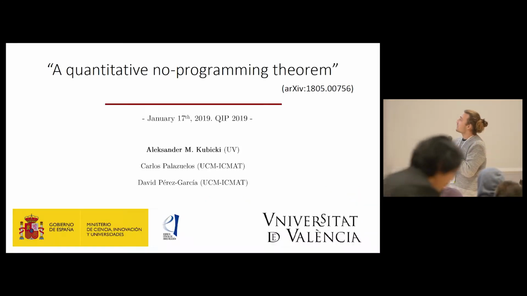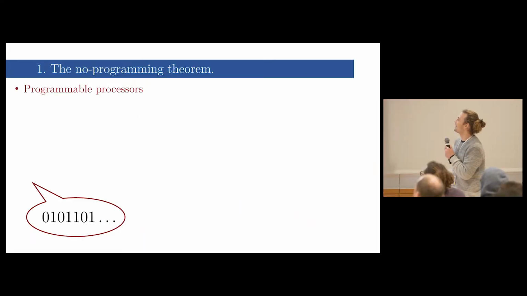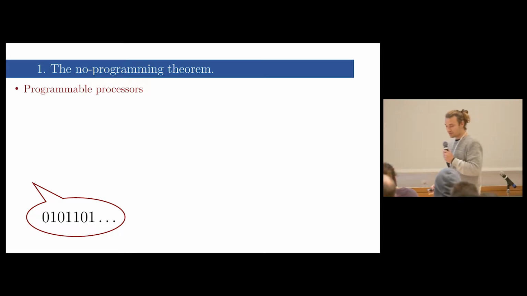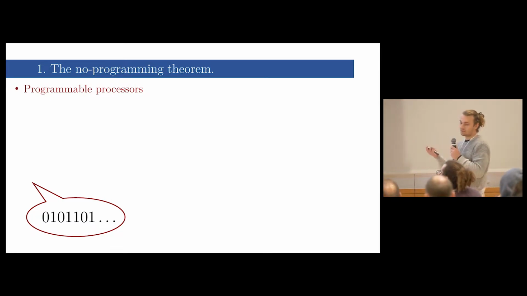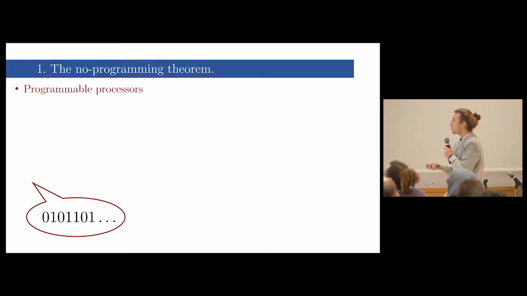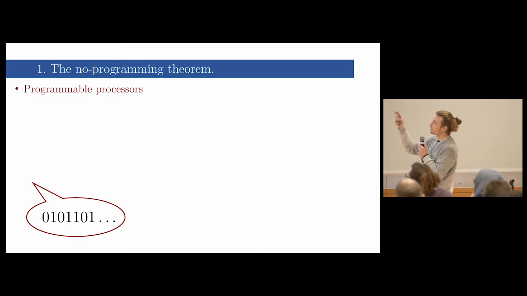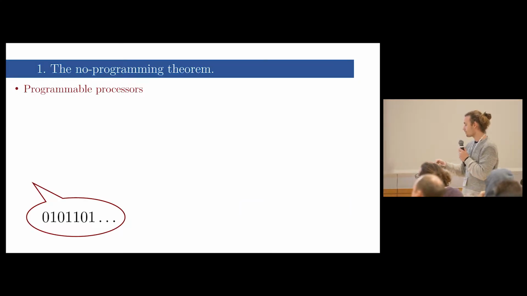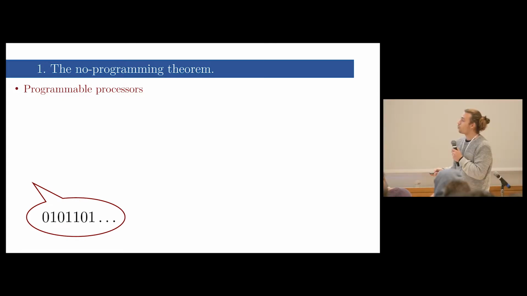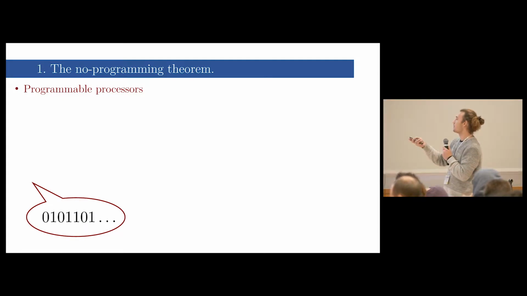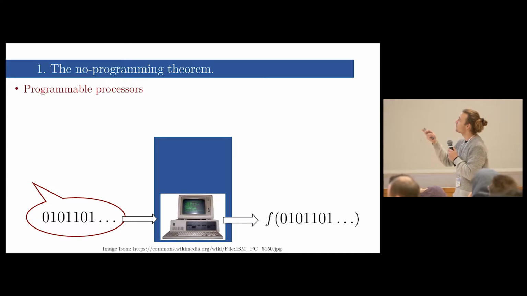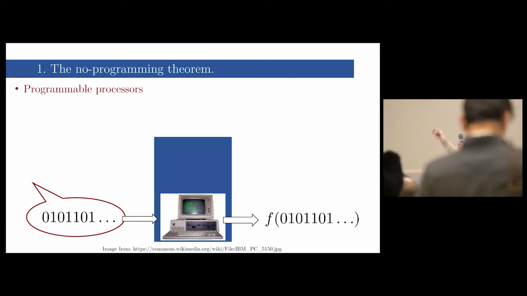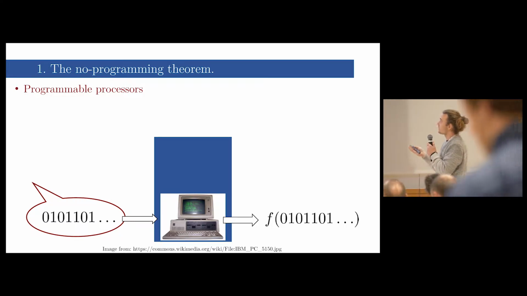But let's first focus on the classical case. Put in your mind a general situation of information processing in a classical world. We get from some source some piece of classical information, a bit string. Then we put this classical information into our computer and process it by means of some function f, our program. So this is completely generic.